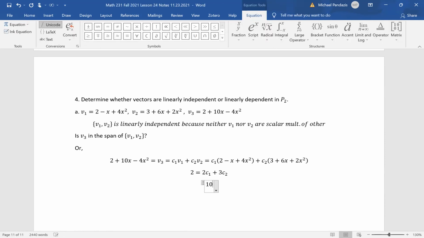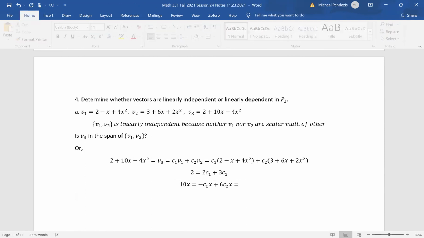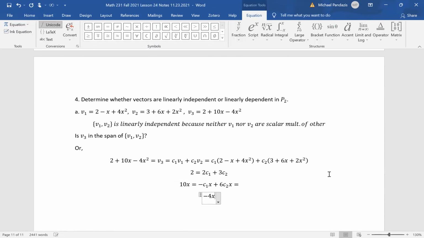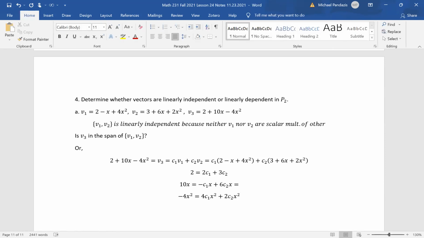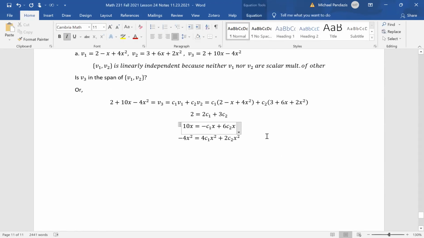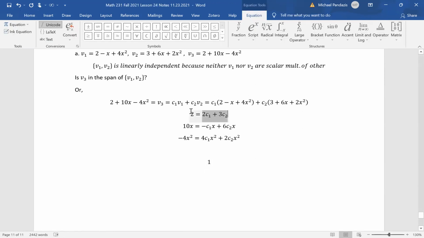The other term is 10x, which is equal to negative c1x plus 6c2x. Then you have negative 4x squared is equal to 4c1x squared plus 2c2x squared. Okay, so we have these three equations, which correspondingly tells you that you have this first equation.